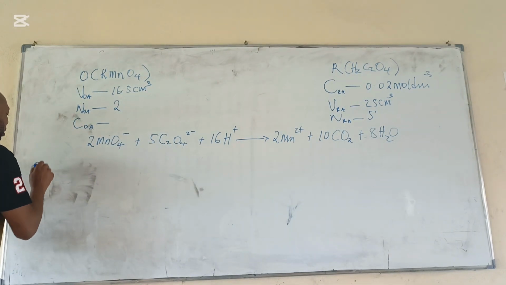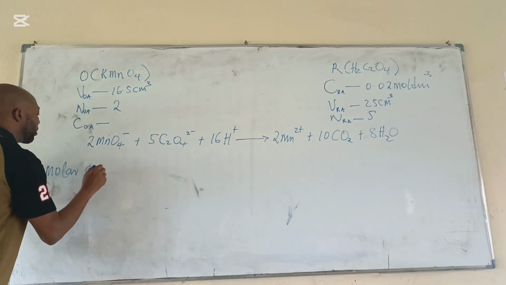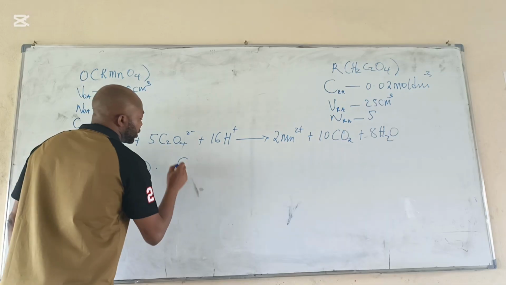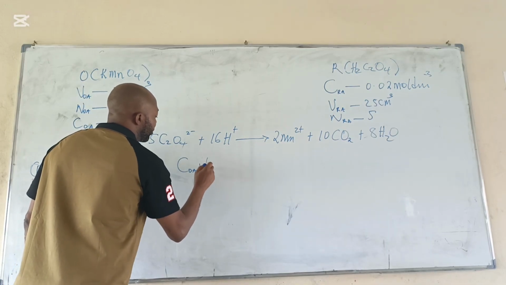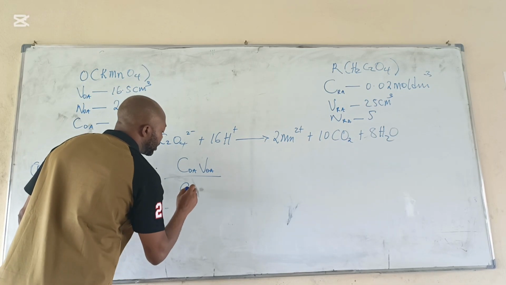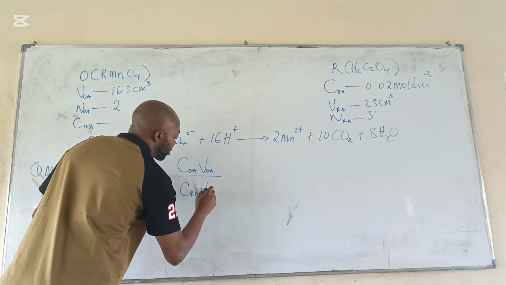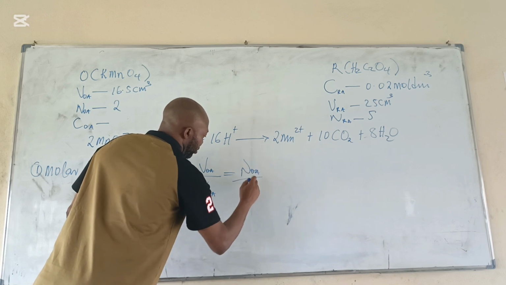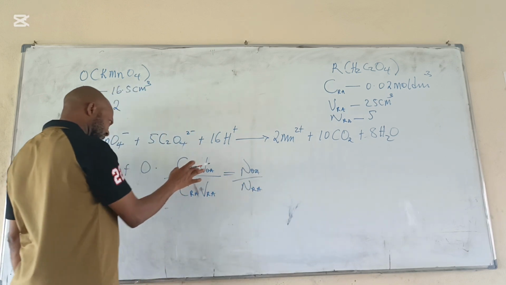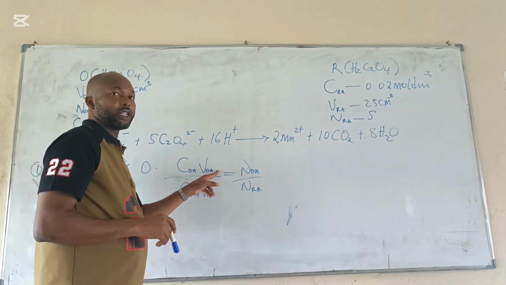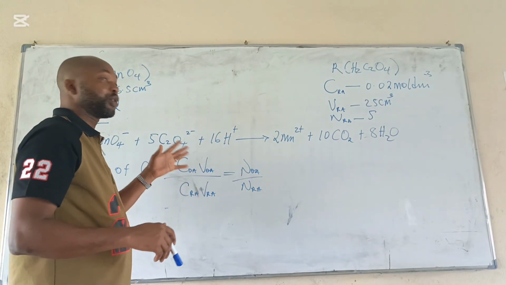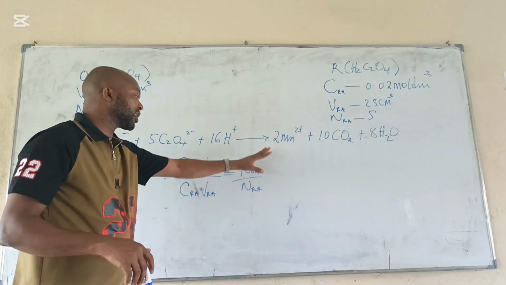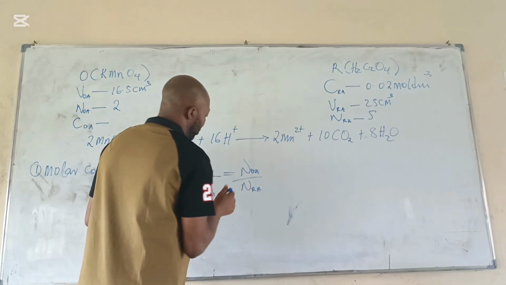We use the formula CoA VoA over CrA VrA is equals to number of moles of oxidizing agent over number of moles of reducing agent, nOA and nRA.